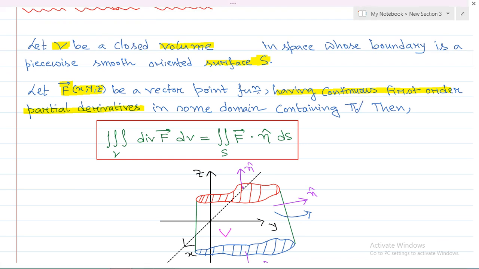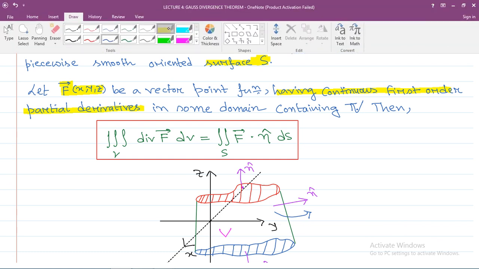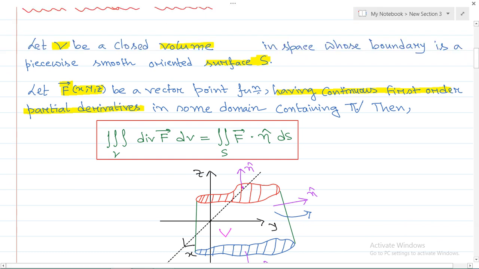Then we get a relation between the triple integration and the double integration. That is, the triple integration over the volume V of divergence of f dV is equal to the double integration over S of f dot n cap ds.